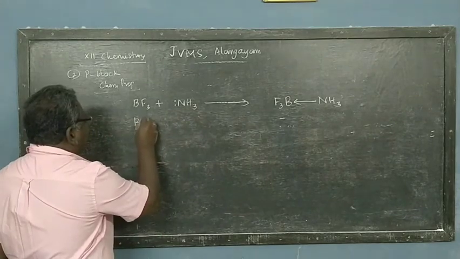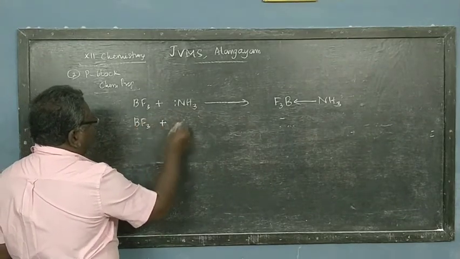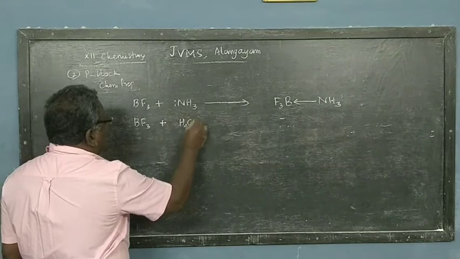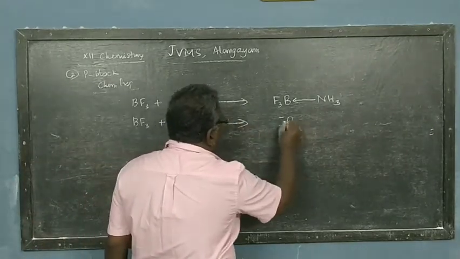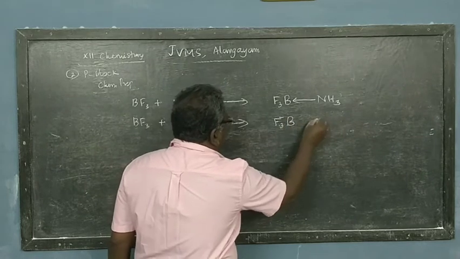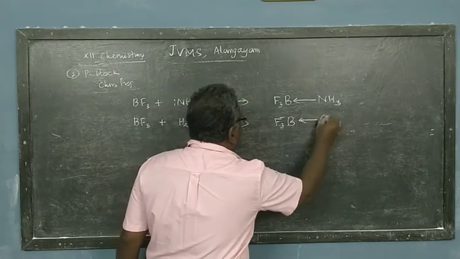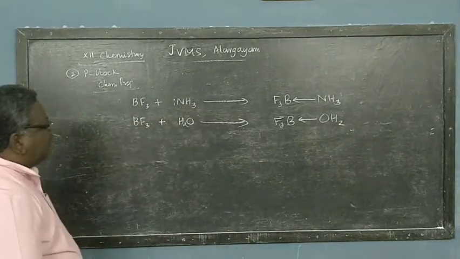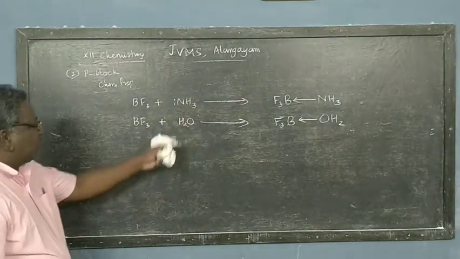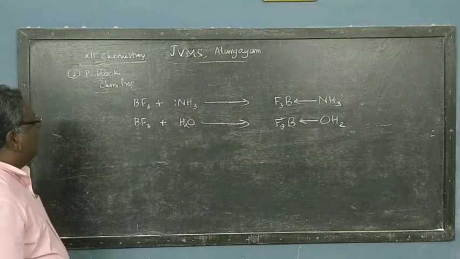Similarly, BF3 can also react with water, and it forms the same type of compound. Now oxygen gives the electron for the coordinate bond formation. So covalent coordinate bond can be formed with water molecule as well as with ammonia molecule, right?